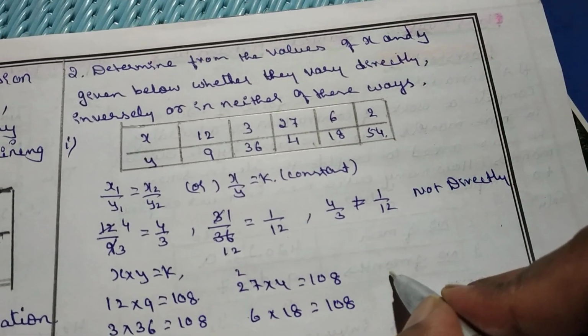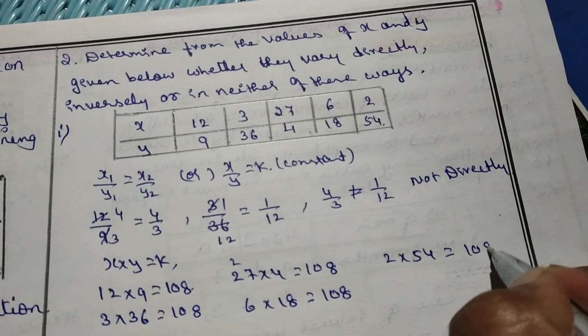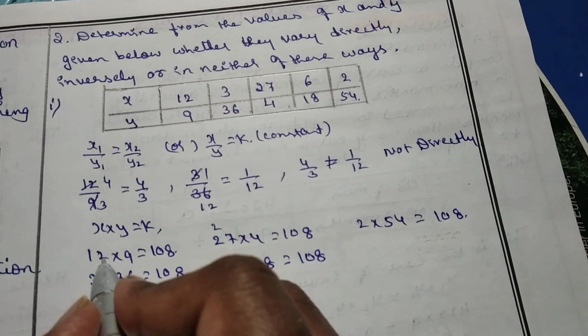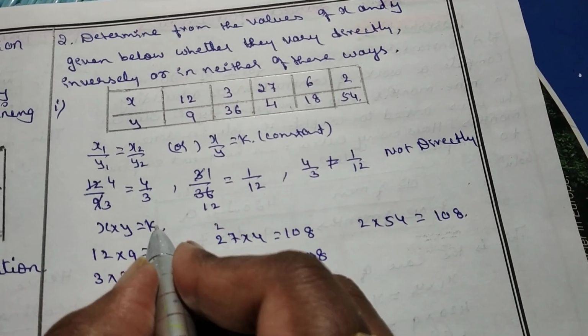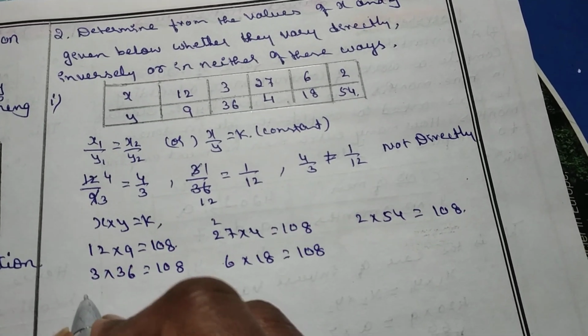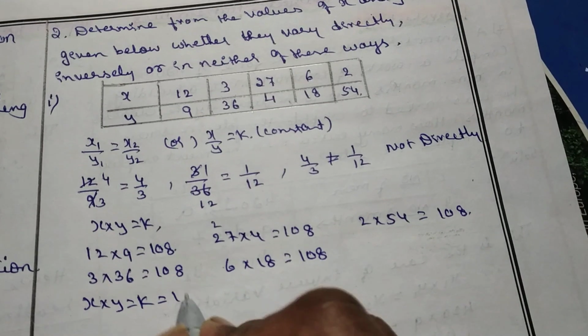Next is 2 into 54, which equals 108. So all the results are the same, right? When x into y equals k, it is inverse variation. So here x into y is equal to a constant, which is 108.